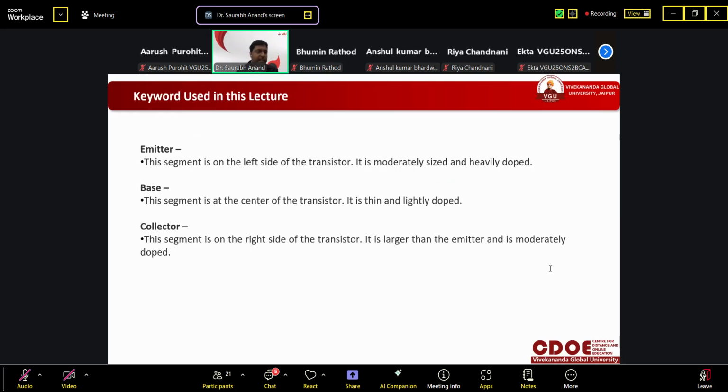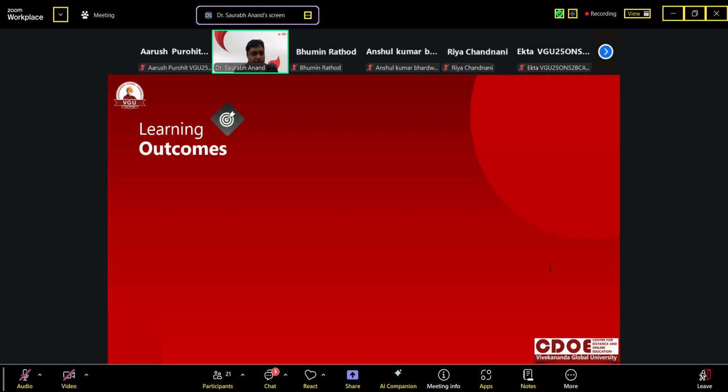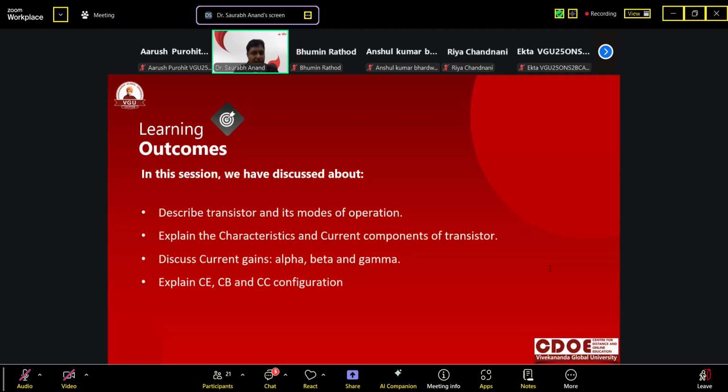So these are the keywords we have used: emitter, base, collector. We also understood the doping. These are the learning outcomes. We have understood the transistor and the modes of operation: active, saturation, and cutoff.